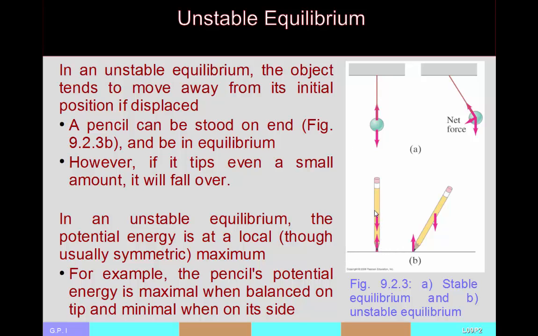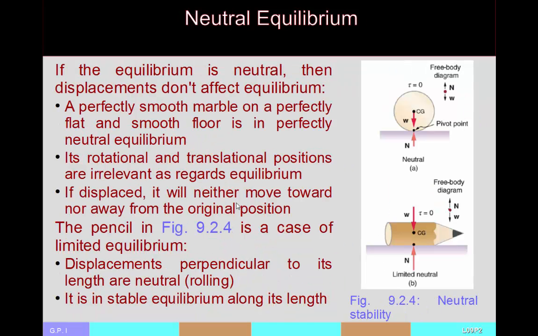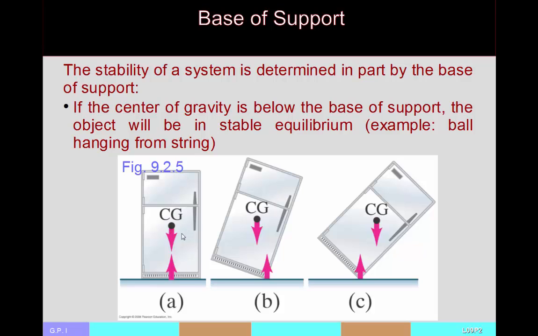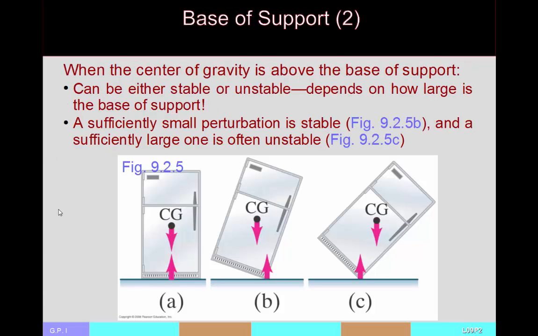The pencil, the center of gravity is right here where this arrow representing the force of gravity is acting from, and it is above the pencil's base of support. Similarly, with this refrigerator, the center of gravity is above the base of support. And so we have to do more to figure out whether the equilibrium is going to be stable or not.